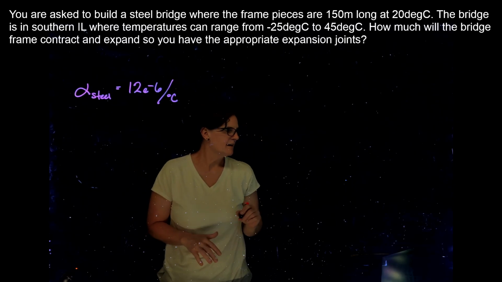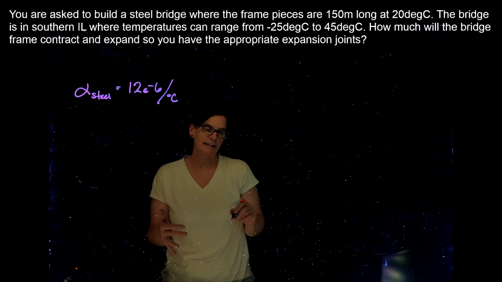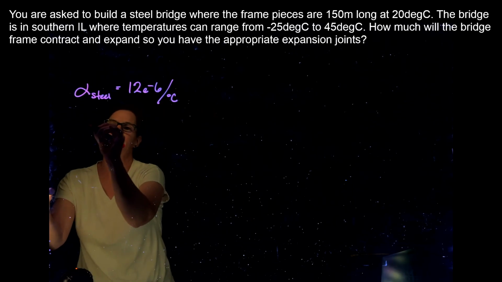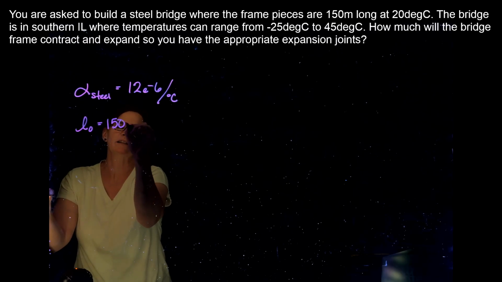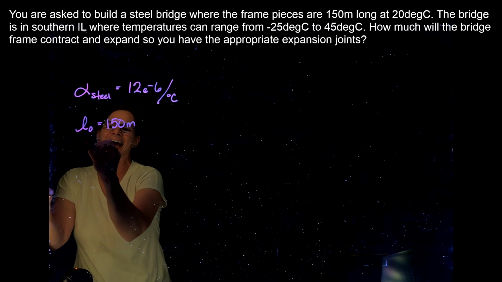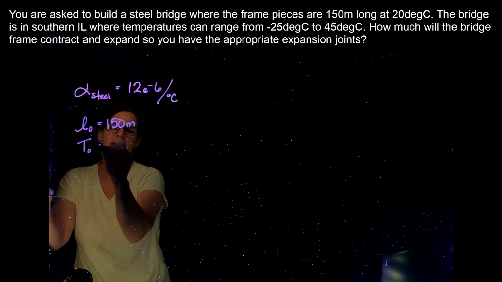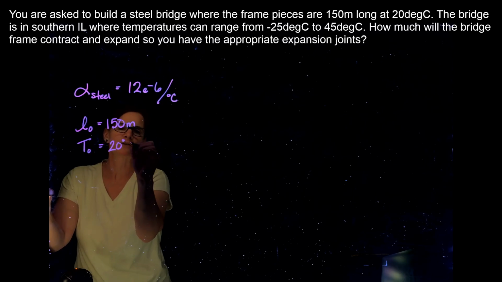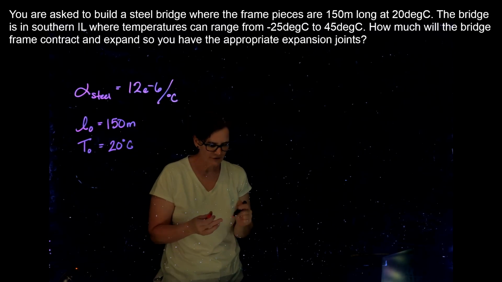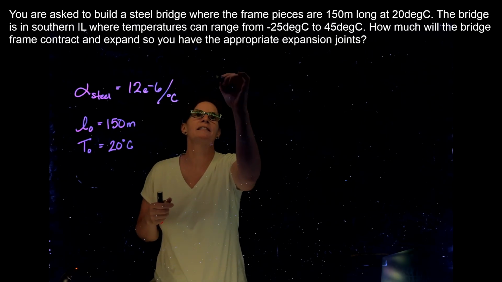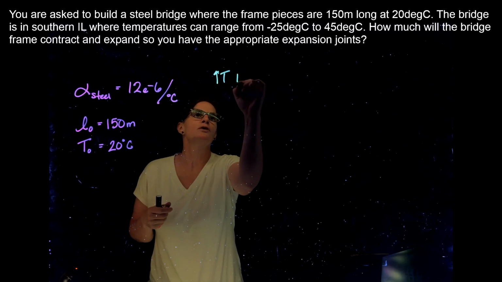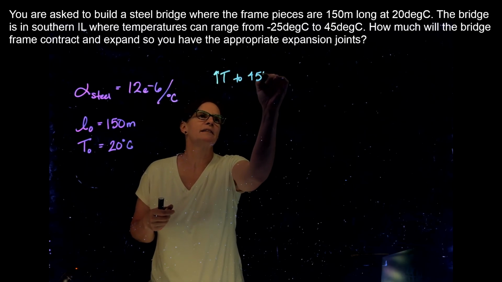All right? We're given that the length of the steel, L naught, is 150 meters at a beginning temperature, T naught, of 20 degrees Celsius. So let's first look at what happens to the steel when I increase the temperature to 45 degrees Celsius.